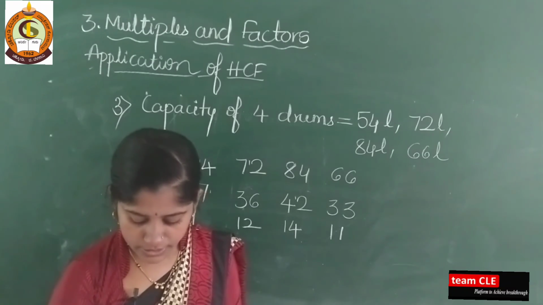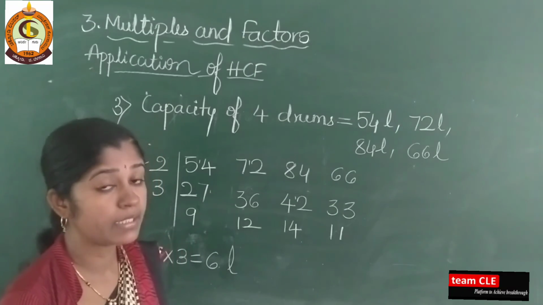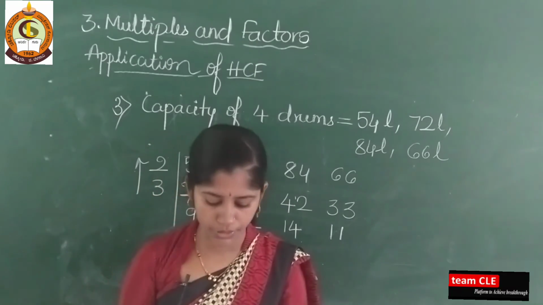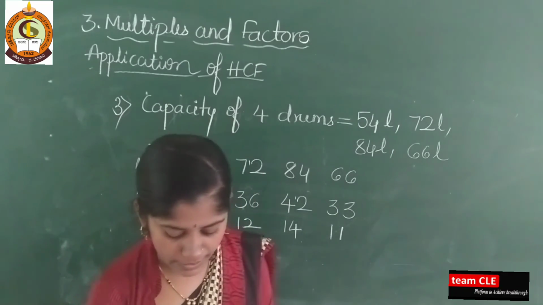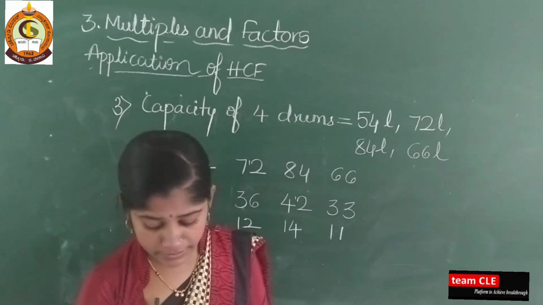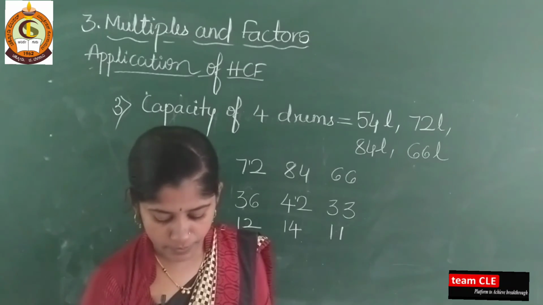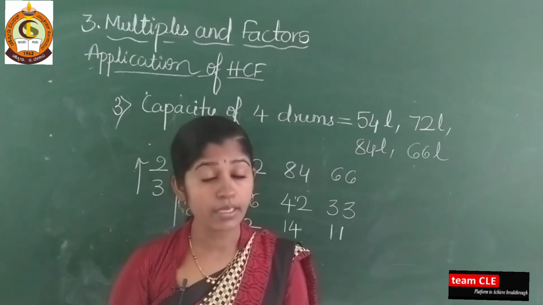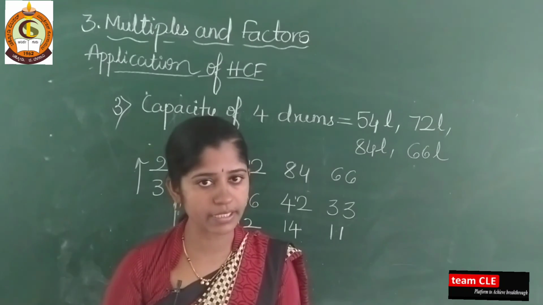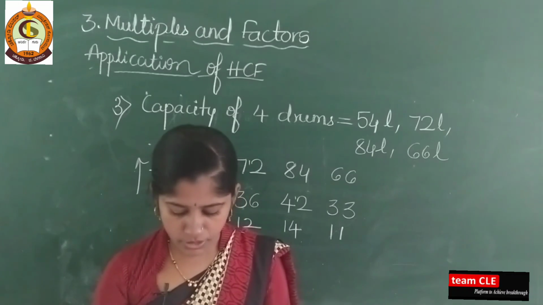Dear students, on the application of HCF you have 5 examples in total. Among them I have solved 3. Next, one more question: there are 18, 15, 21 chocolates in 3 packets. Sham wants to distribute them equally among some children. So you have to find the HCF, and you will come to know how many chocolates Sham is going to distribute.